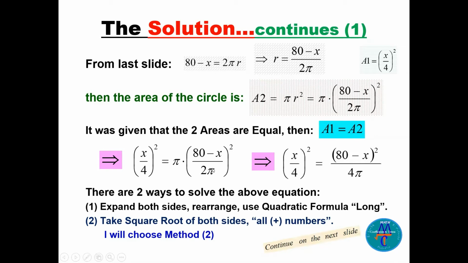Let me simplify a little on area 2. We leave x over 4 squared. The right side becomes 80 minus x squared over 4 pi squared, but there is a pi outside, so we can cancel a pi. The simple equation becomes 80 minus x squared divided by 4 pi.